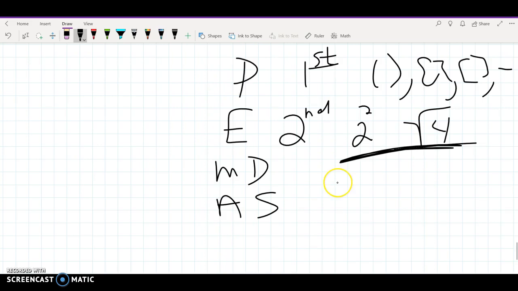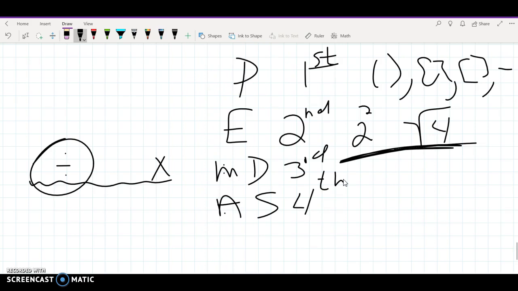Then multiplication and division are your third level. Addition and subtraction are your fourth. So multiplication will always come before addition and subtraction, but won't necessarily come before division, because if you have a set of terms and there's a division up here and a multiplication back here, you would do the division first.